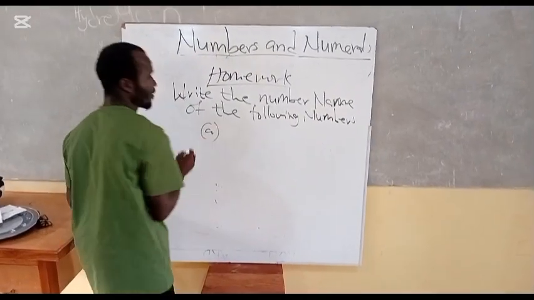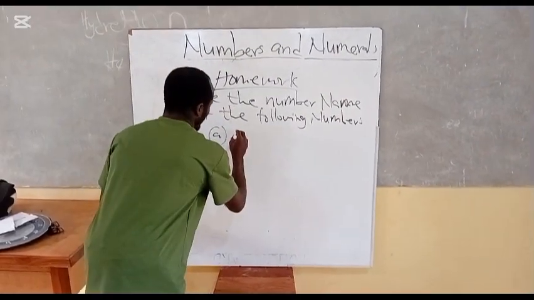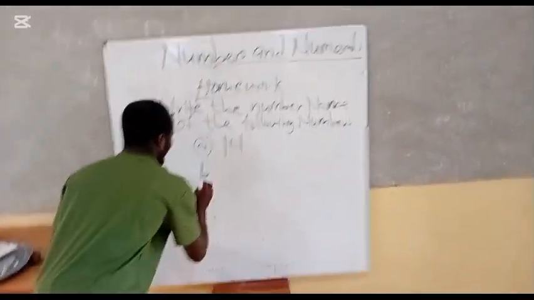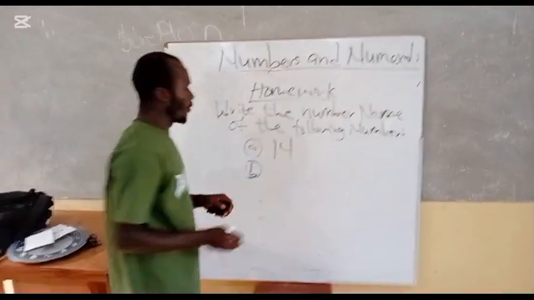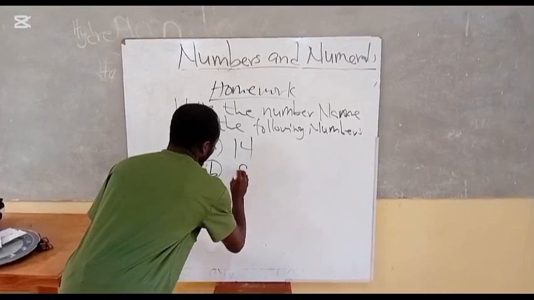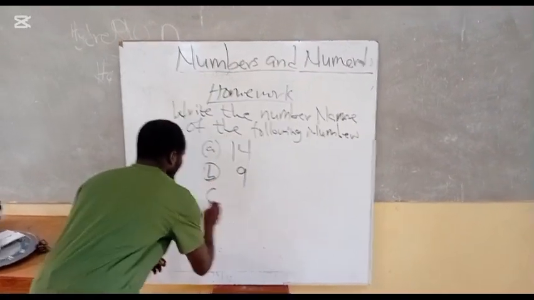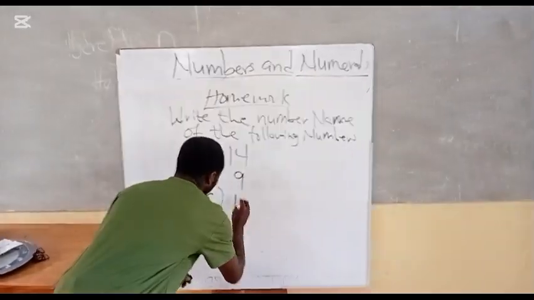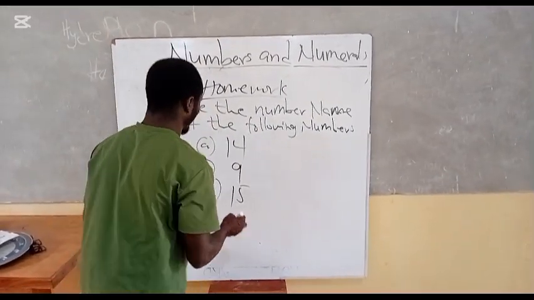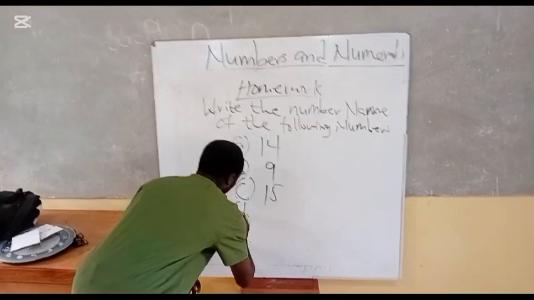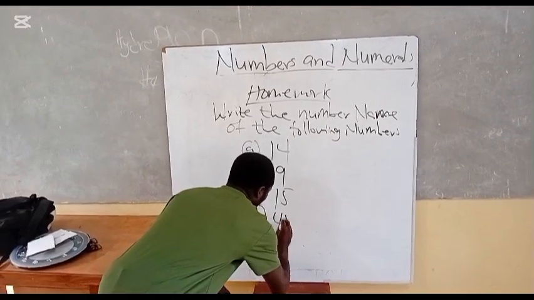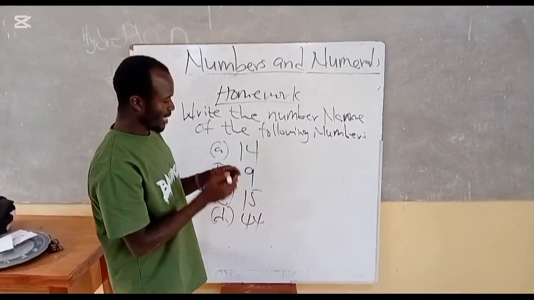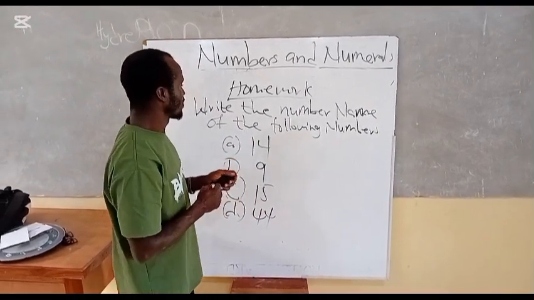A, another name for 14. B, another name for 9. C, another name for 15. And the last one, another name for 44. So please do the assignment and send answers in the comment section of the lesson.